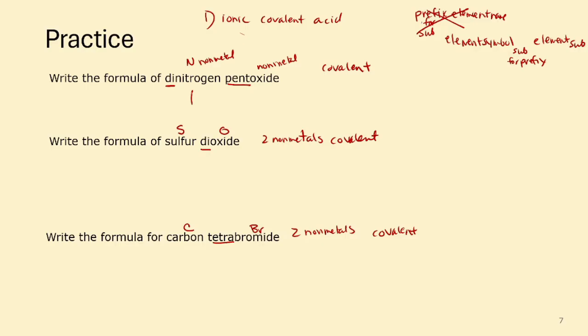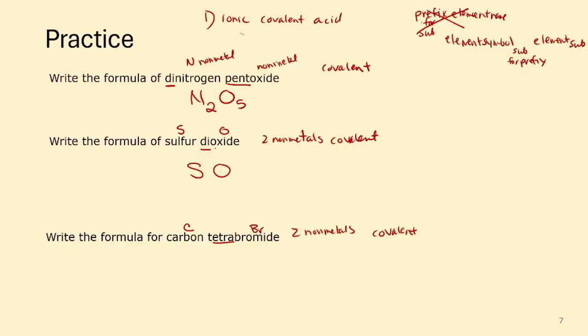So in this case, nitrogen, the di is 2, oxygen, and the pent is 5. So N2O5. Sulfur, there is no prefix, thus it's an implied one. Oxygen is for oxide. Remember, the covalent endings of the second element end in "ide."